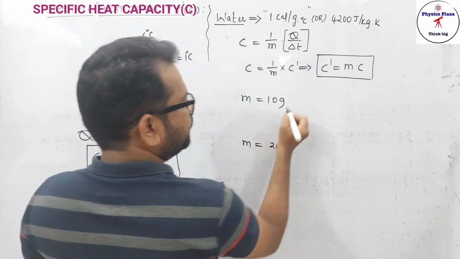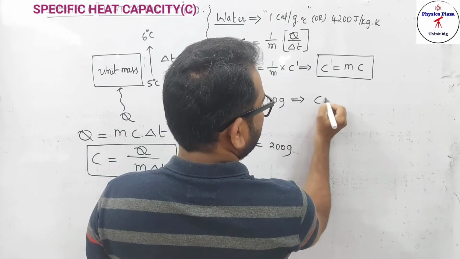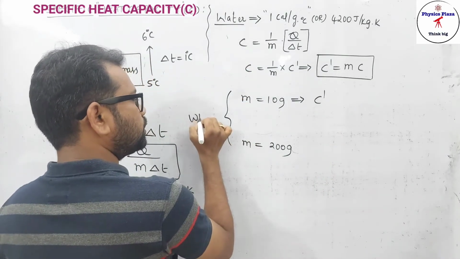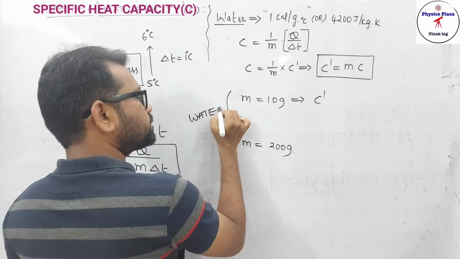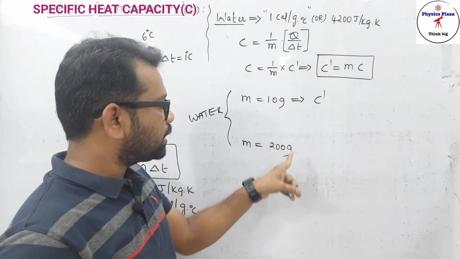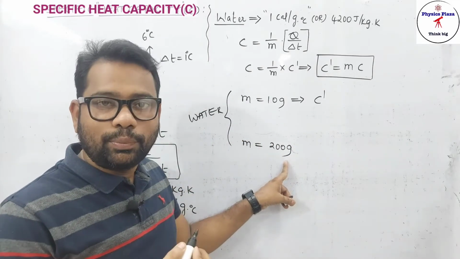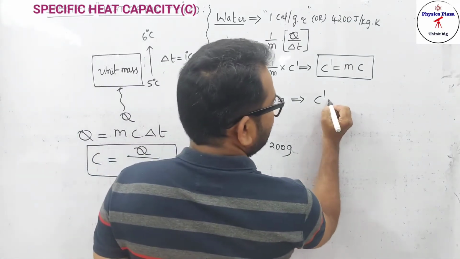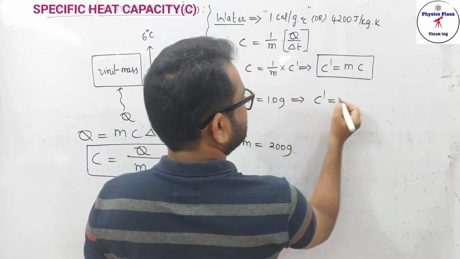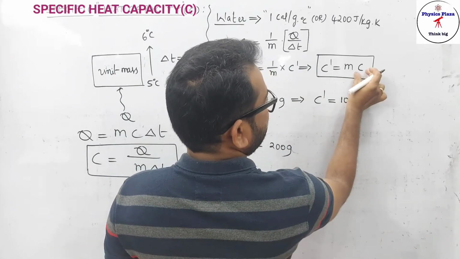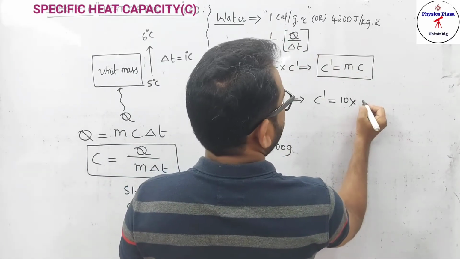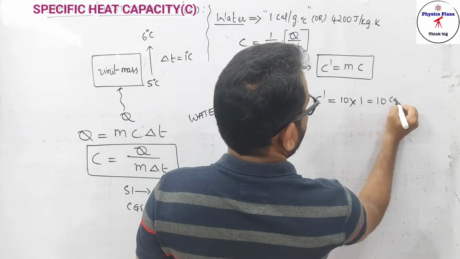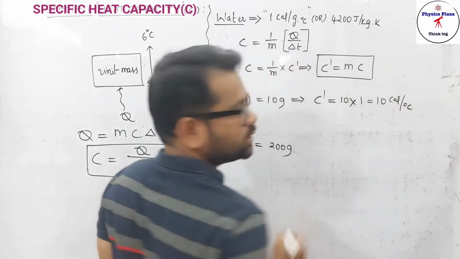I want to calculate the thermal capacity of, strictly talking about water only, 10 grams of water and 200 grams of water. Will it be different or the same? Let us see. Thermal capacity is equal to mass into specific capacity, that is 10 into the specific capacity of water, which is 1 calorie per gram degree Celsius, that is 1. So this will be 10 calorie per degree Celsius.